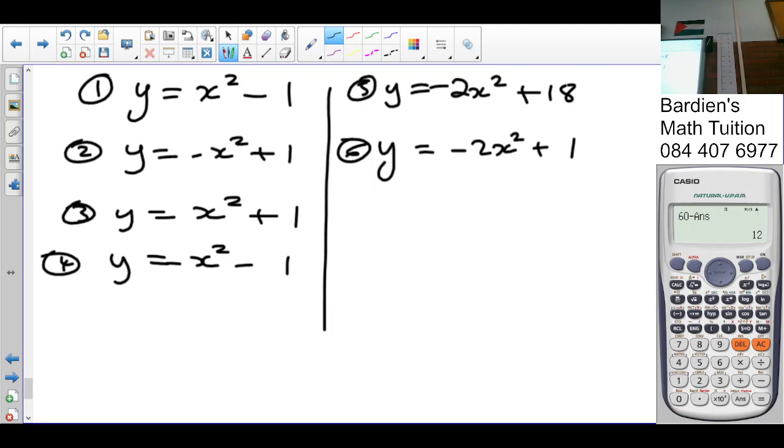Did I write down where? This is x squared minus 1. Minus x squared plus 1. X squared plus 1 and minus x squared. Minus x squared minus 1.